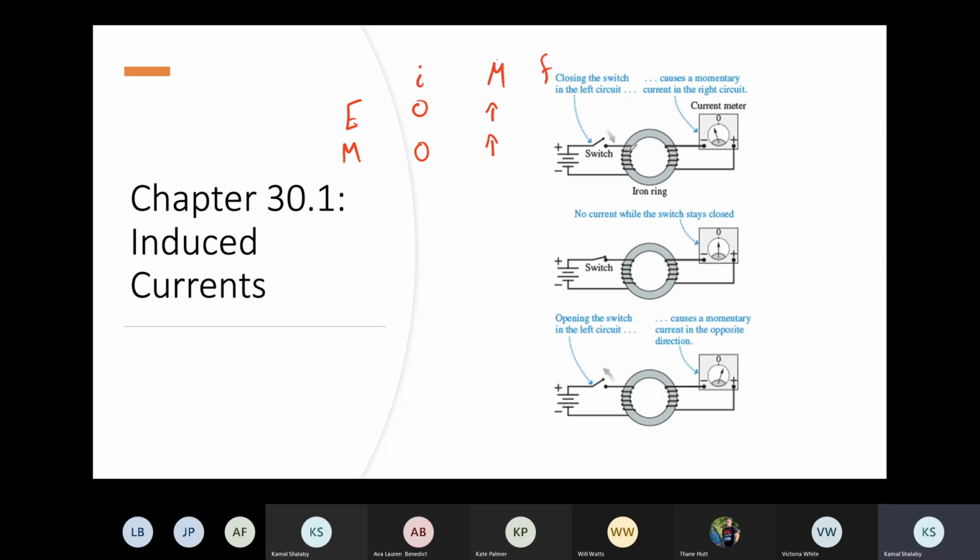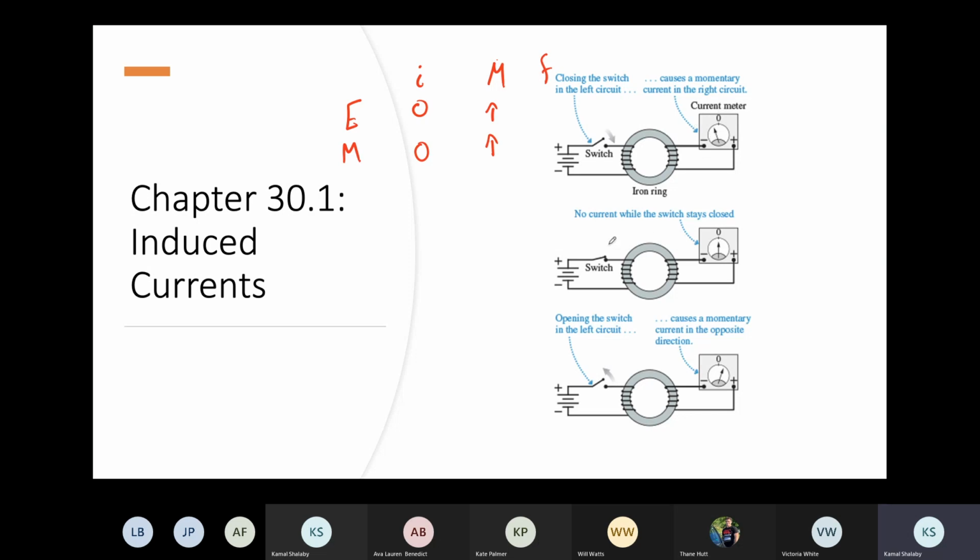So you will have a magnetic field produced, and that magnetic field will affect this set of coils, or this set of turns. For this set of turns, there's a change in the magnetic field, and that change is what induces a current in it, and that's why you will see your current meter deflect.